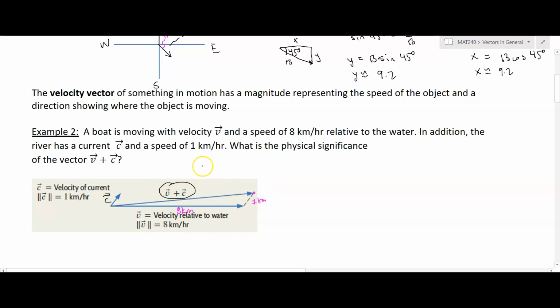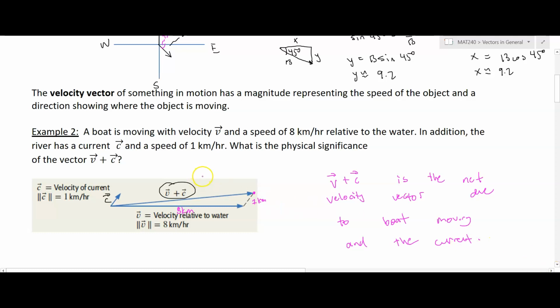In terms of speeds, if we're not going to think in terms of 1 hour, v plus c is the net velocity vector due to the boat moving and the current moving the boat.